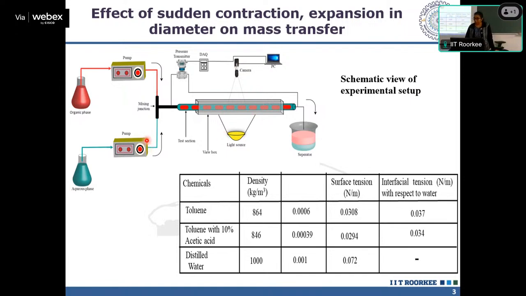We have taken the same toluene and distilled water, only the toluene is mixed with 10% acetic acid, and this acetic acid we are going to extract using the aqueous phase. After they flow out from the test section, there is a separator where the phases are separated and taken out for estimating the concentration of acetic acid in the aqueous phase. So this is the idea.